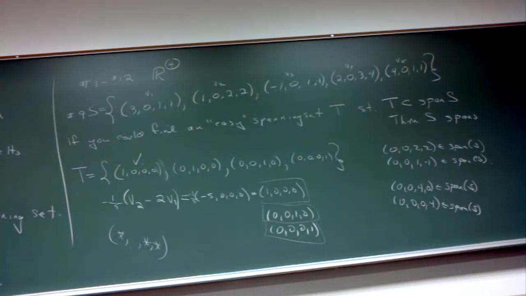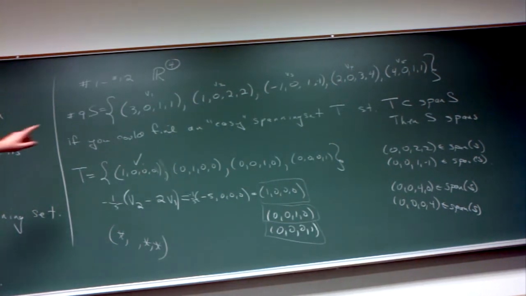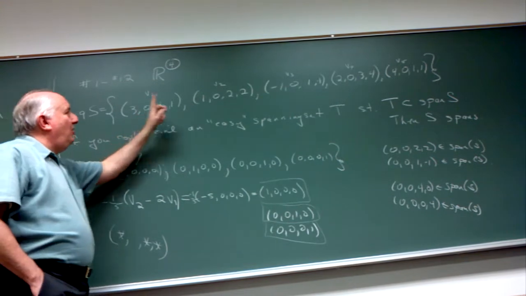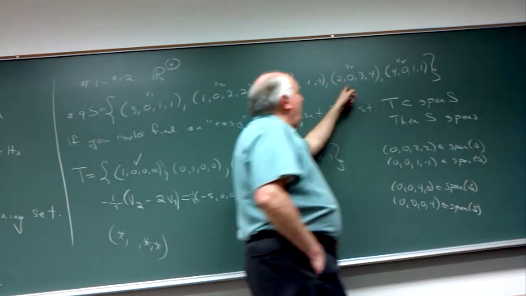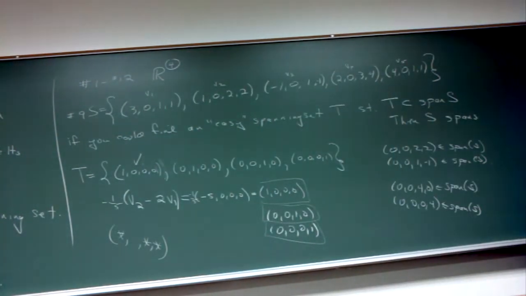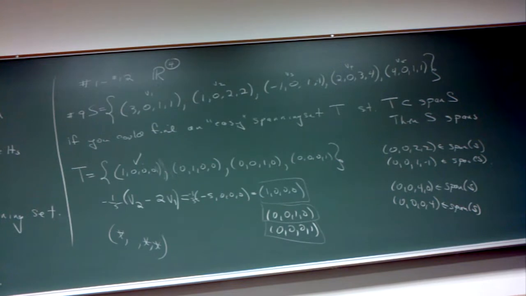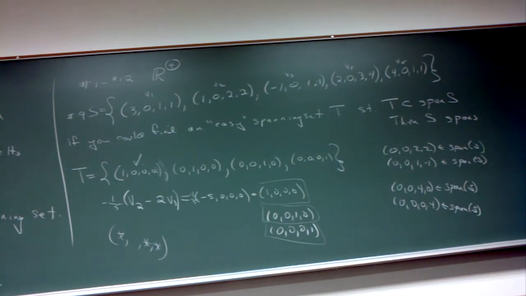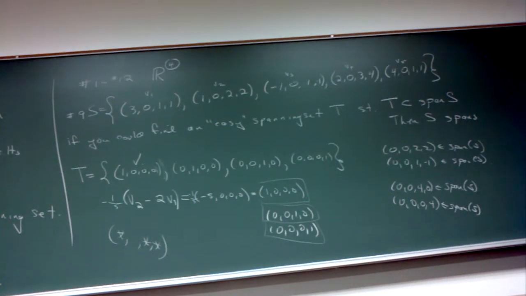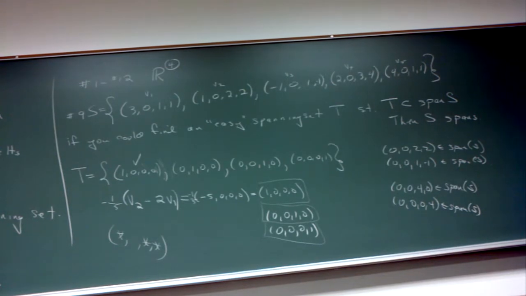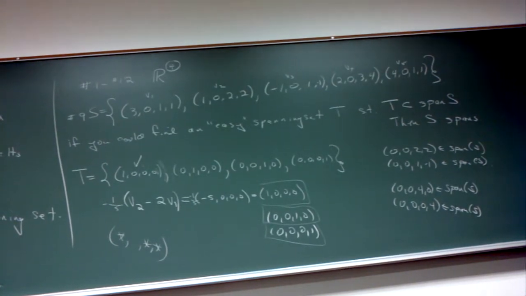But what you might notice, and perhaps you noticed this in the very beginning of the problem, is that everything here has a 0 in the second component, right? So any linear combination of V1, V2, V3, V4, and V5 is going to have a 0 in the second component.